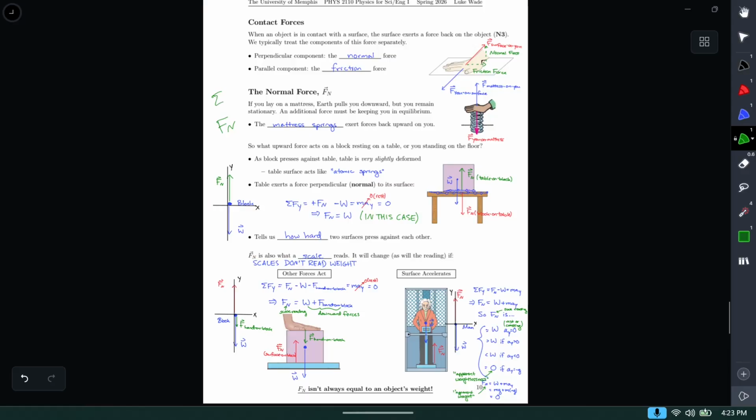Sigma F is what you get when you add every force on something together to say overall what happens to that thing. If you like, even though sigma actually means sum, think of it as an E. This is the effective force. This one is the force normal to a surface. Okay, so Fn can be one of the many forces contributing to sigma F, but they are not guaranteed to be the same thing.